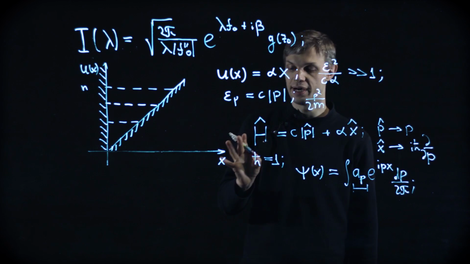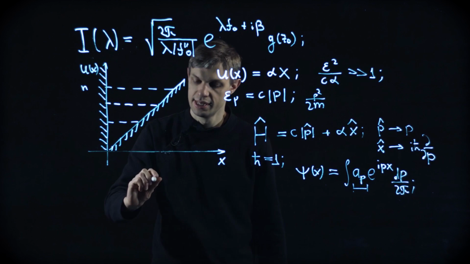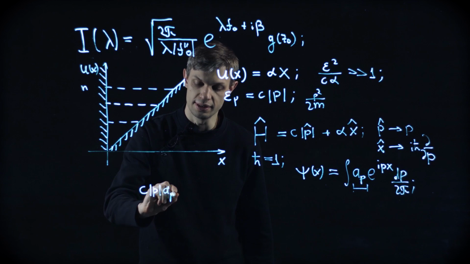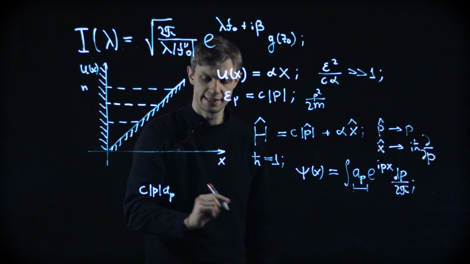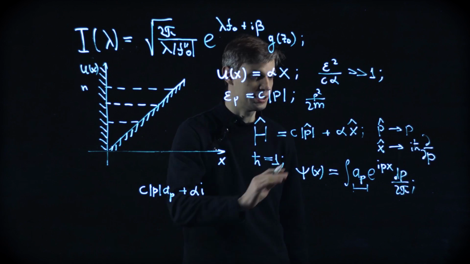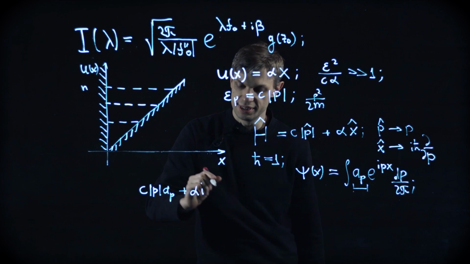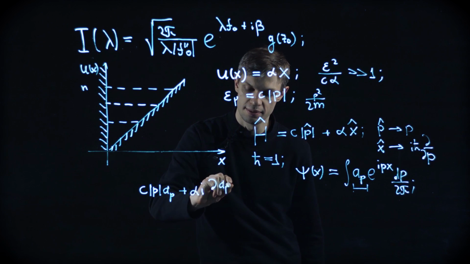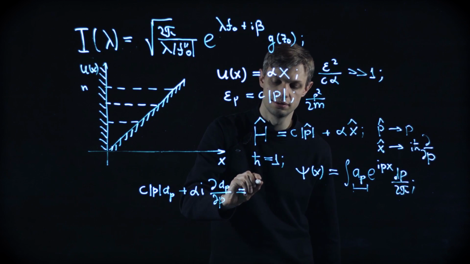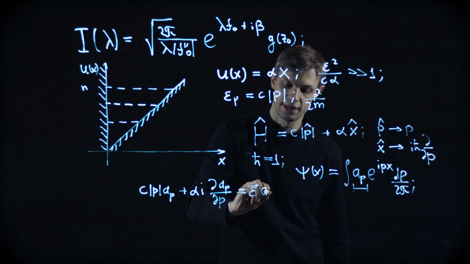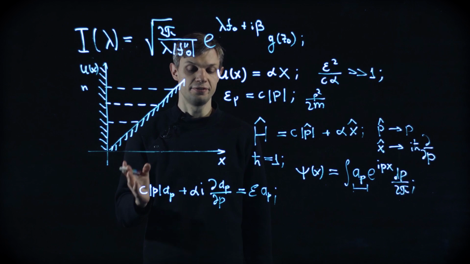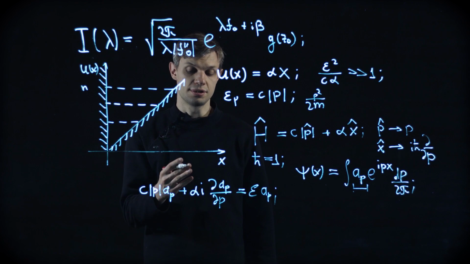So let's write down the final Schrödinger equation for our problem. Here it is. C|p| A(p) plus the potential term, α i d A(p)/dp, is equal to the energy times A(p). And now you clearly see that it's a simple first-order differential equation, which is quite easily solved.